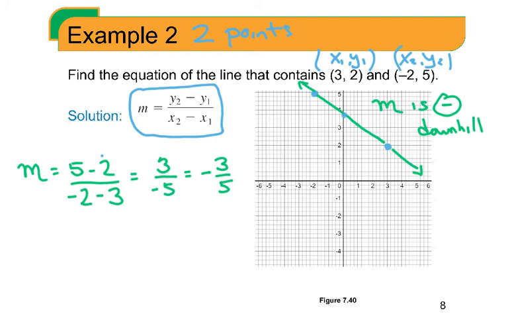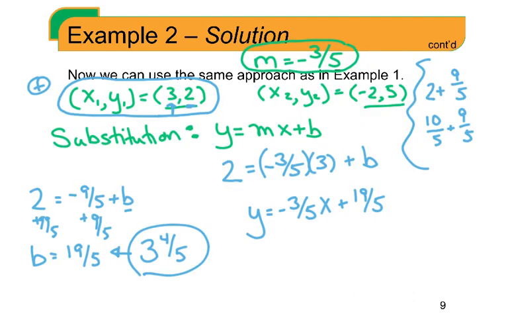Well, there it is. Y-intercept right there. 19 over 5 is the b. X value is 0. So our graph was pretty good. Can you see that's very close to the number 4? Now, we want to do this with the other method, which is using the point slope formula. So let's do that on the next page.